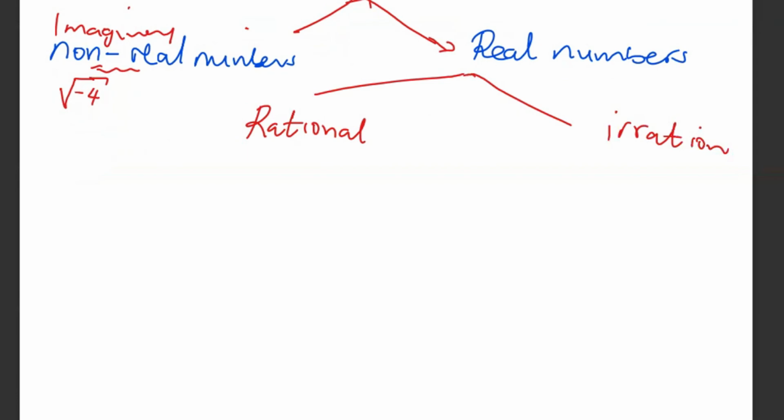If I look at the rational numbers, we normally use the letter Q for the rational numbers. And for irrational, we use a Q with a prime.